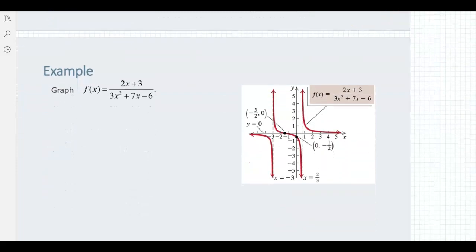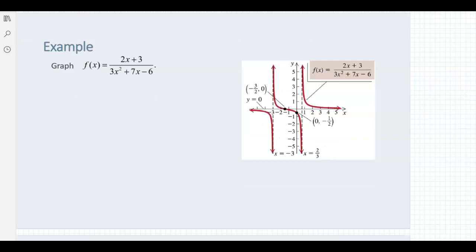All right, let's go through a full example here. I have a picture of the graph sitting here because, again, you'll be able to just plug this function into Desmos and get a picture, but we have to supply all of the algebra behind it to justify what the graph looks like. So let's start with number 1, which is finding the vertical asymptotes. They come from the zeros of the denominator.